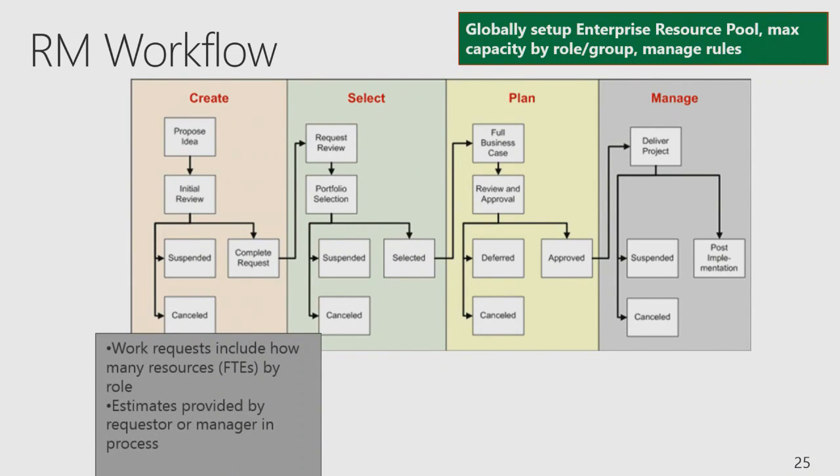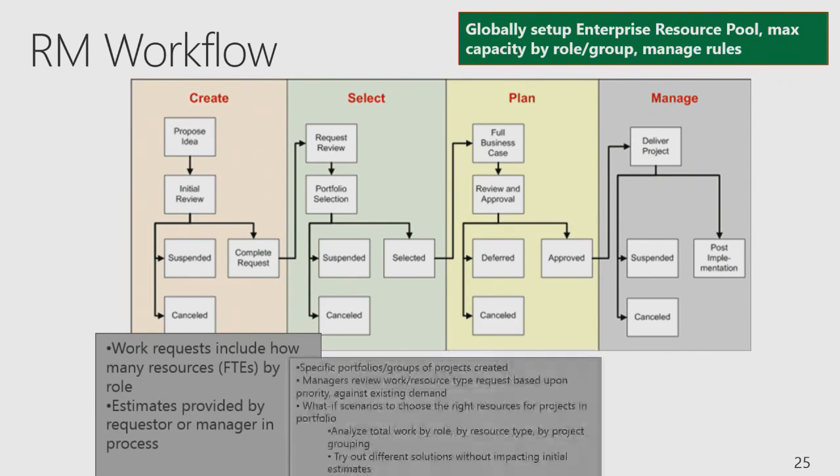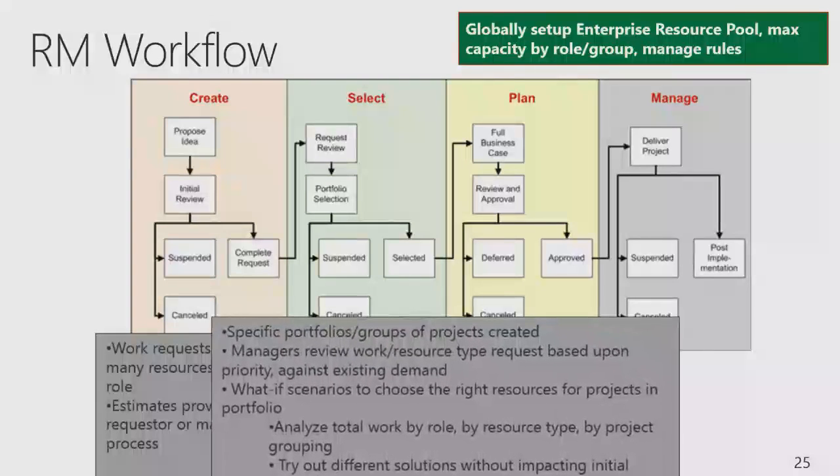Those requests come in the form of FTE plans, resource plans, or they could be project schedules if you build project schedules in the beginning. Resource plans are a really good way to do it at a light top-down level, and then you estimate based on what the requester knows. During the selection phase, we're going to look at different portfolios or groupings of potential work and potential projects. Managers are going to review.